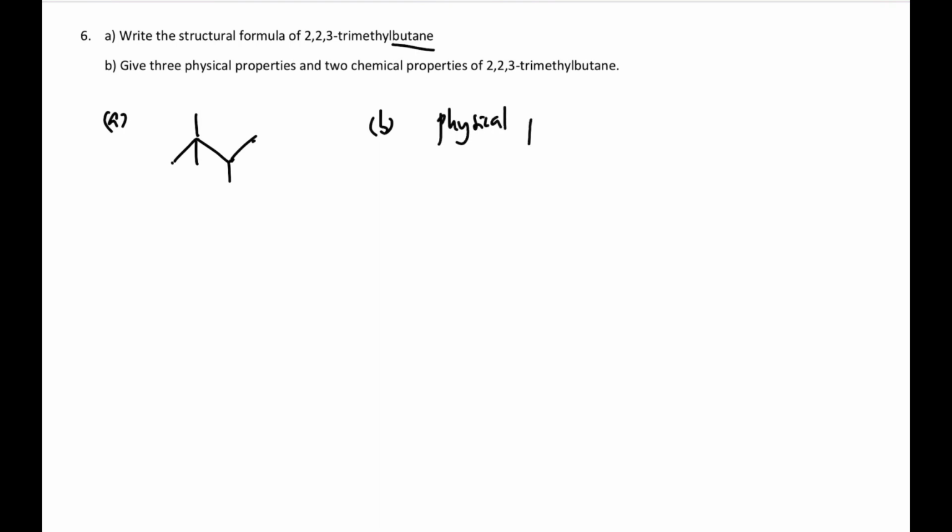Okay. B. Physical properties of 2,2,3-trimethyl butane. Number 1, kalau kita tengok betul-betul, dia ada berapa ni? 1, 2, 3, 4, 5, 6, 7. Dia ada 7 carbons. So kalau 7 carbons, dia dalam kategori liquid. Ingat kalau C1 until C4 gas, C5 until C17, it's liquid.